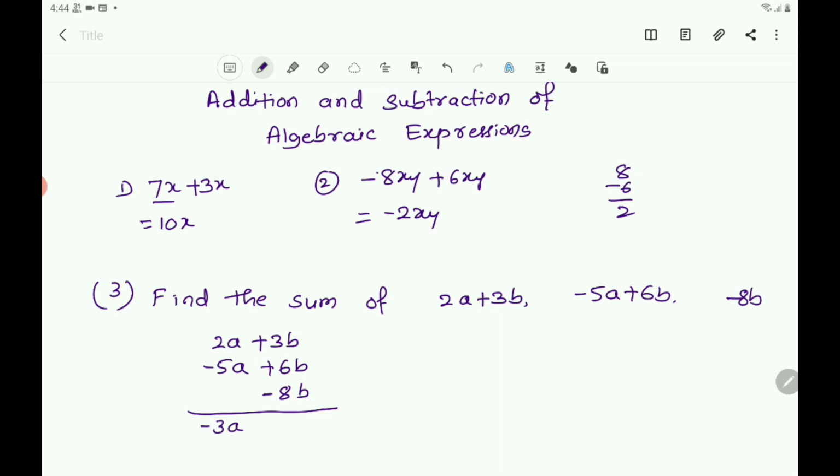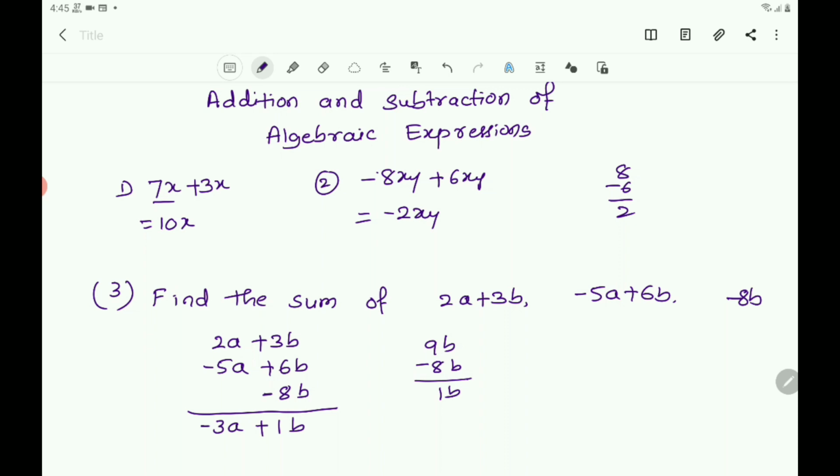Then the sum of 3b, 6b and minus 8b. 3b and 6b have the same sign, add them: 3b plus 6b is 9b. 9b minus 8b, these are like terms having different signs, so subtract 9 minus 8 is 1, then it is 1b. The sign is positive because 9 is greater than 8.